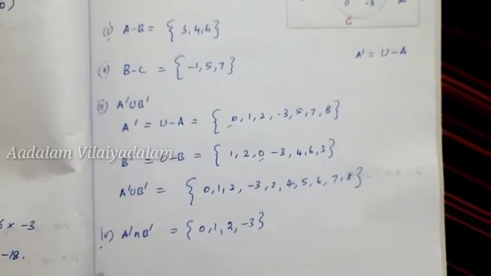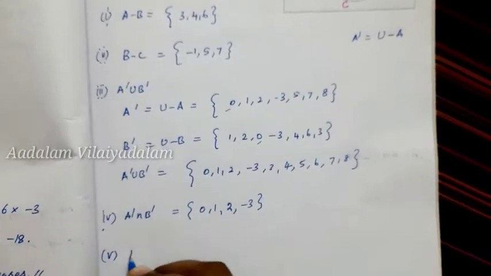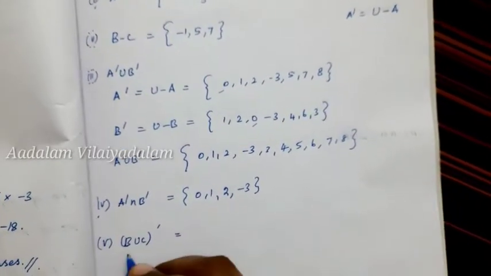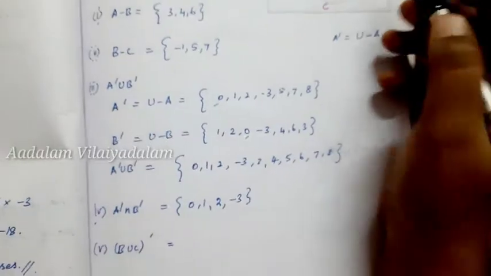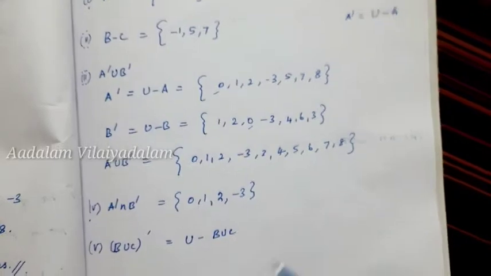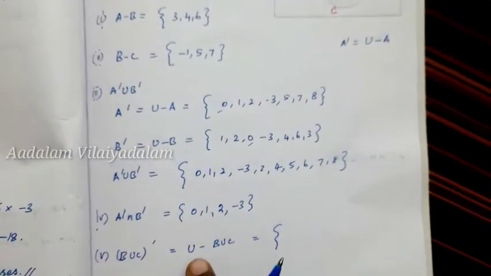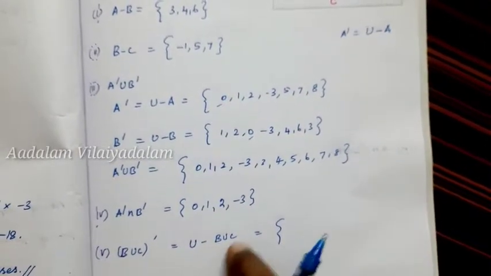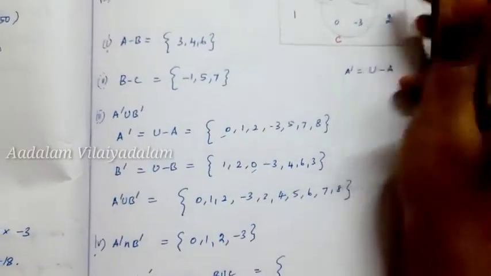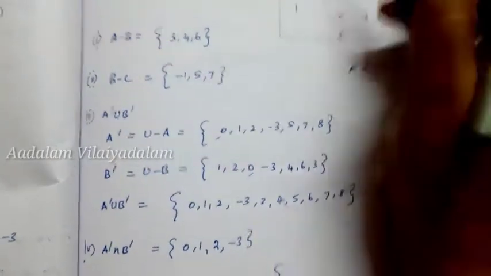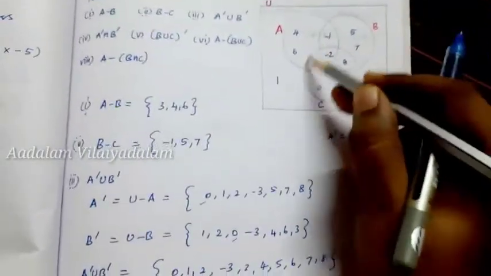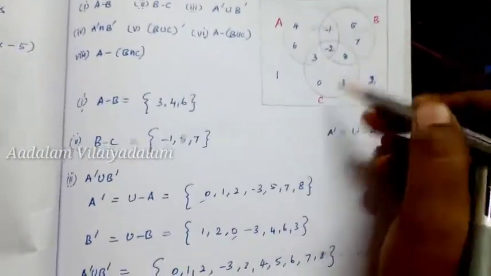Next we shall see the fifth one, (B union C) dash, or complement of B union C. So what is B union C? How can we write? That is U minus (B union C), which means from the universal set, subtract B union C. B union C means this whole circle and this whole circle together.